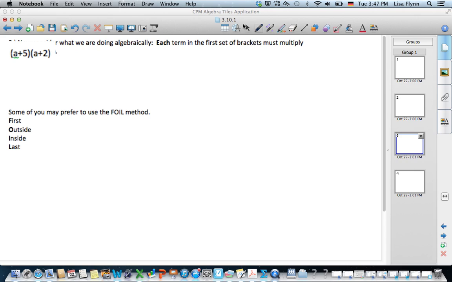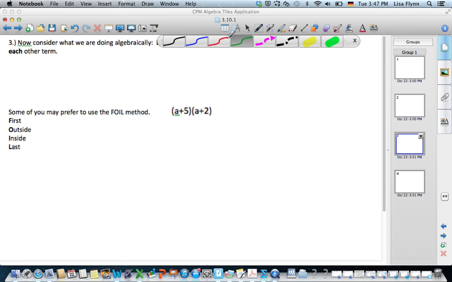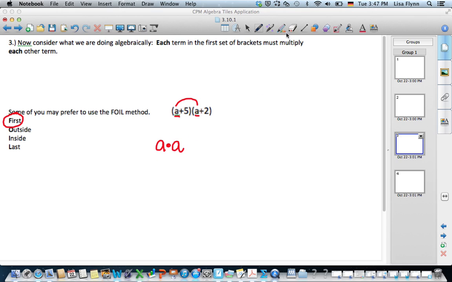And talk about the method that some people use called FOIL. So to do FOIL, F stands for first. First represents your first terms. So we would multiply A times A. All right, the next one is O for the outsides. Outsides would mean the very outer numbers, so A and then the 2.